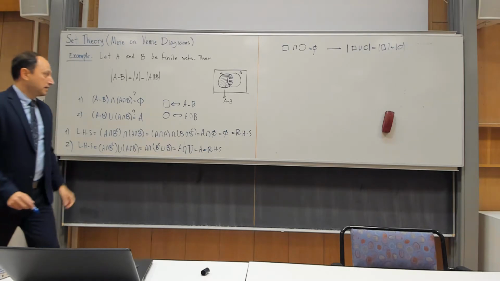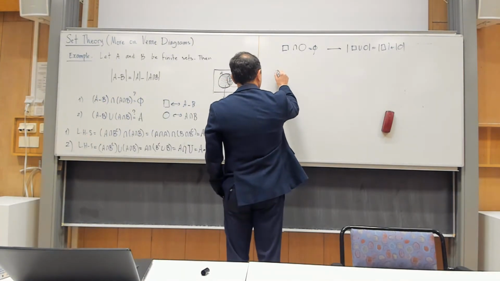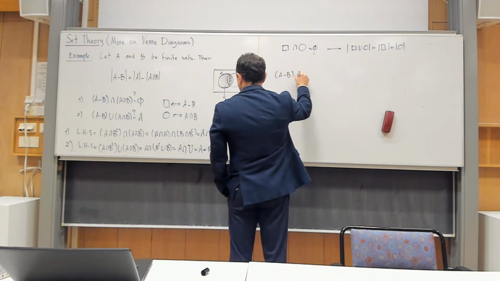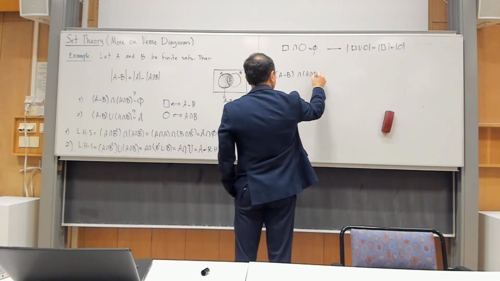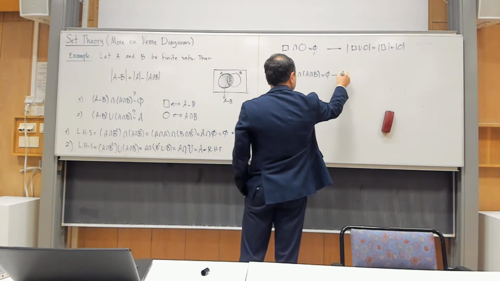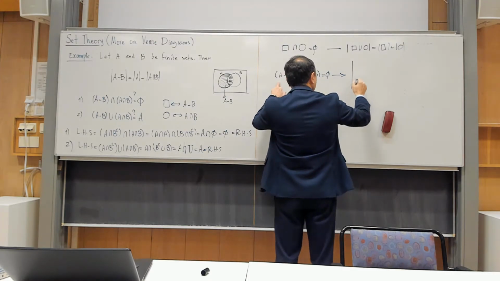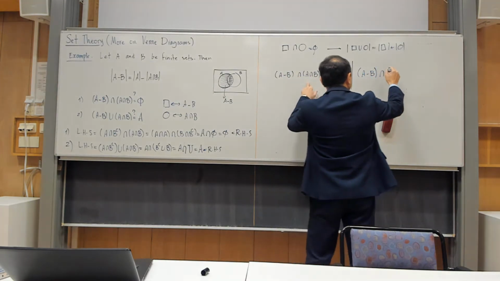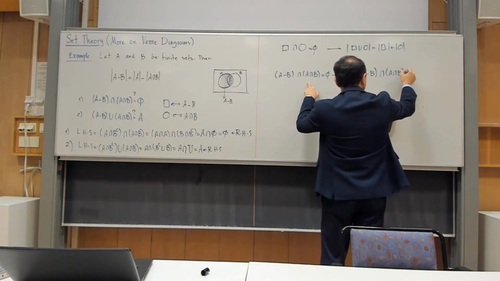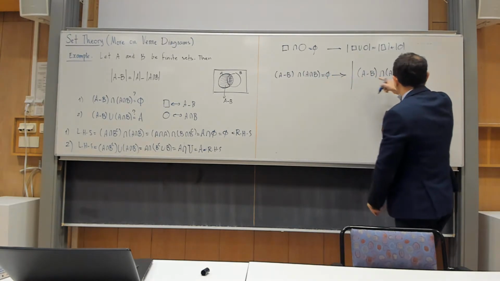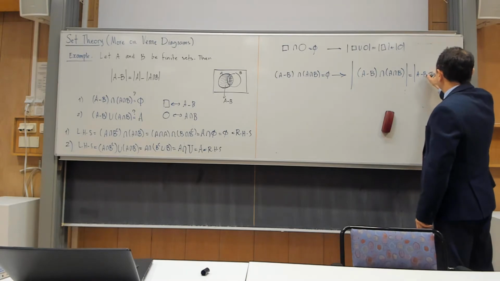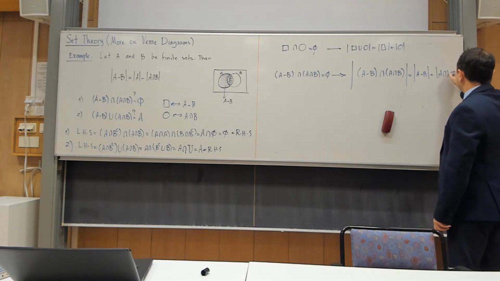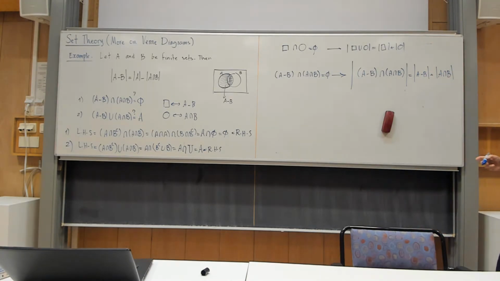So it means that (A minus B) intersection (A intersection B) is empty. So this means that the cardinality of this is equal to the cardinality of the first one plus the cardinality of the second one. Do you understand what I have written here is correct? Why is it correct?